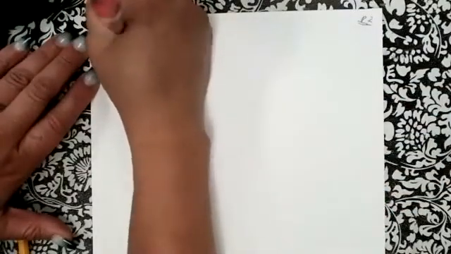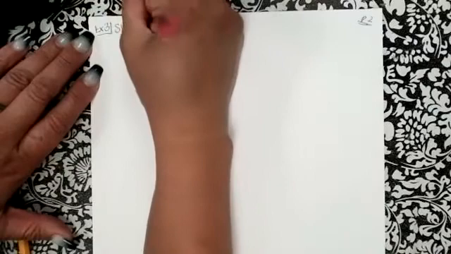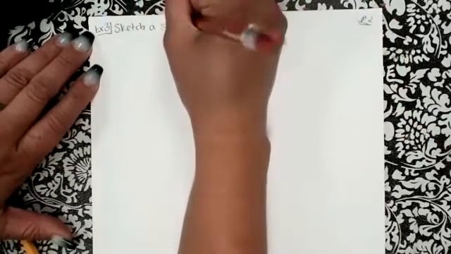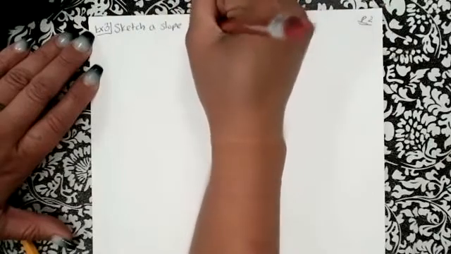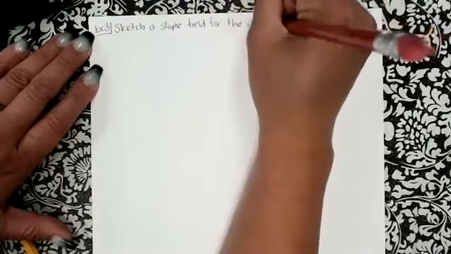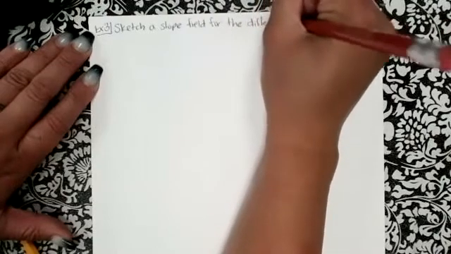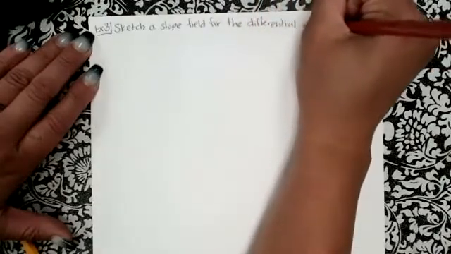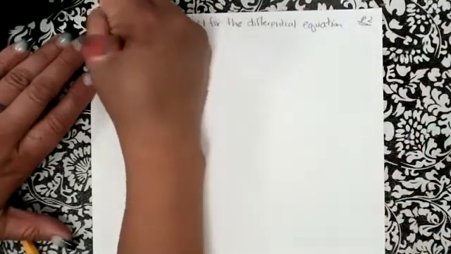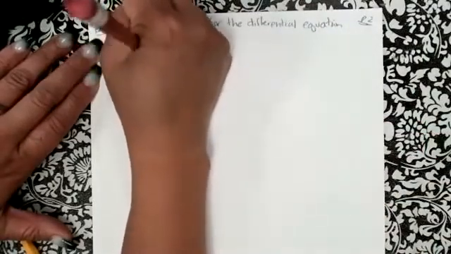We are going to sketch a slope field for the differential equation y prime equals 2x plus y.